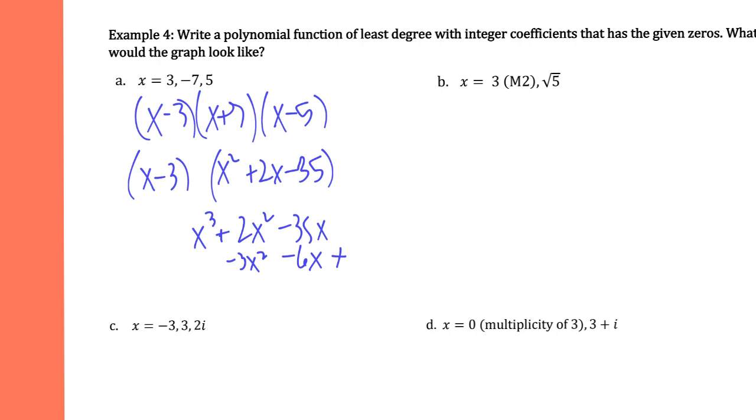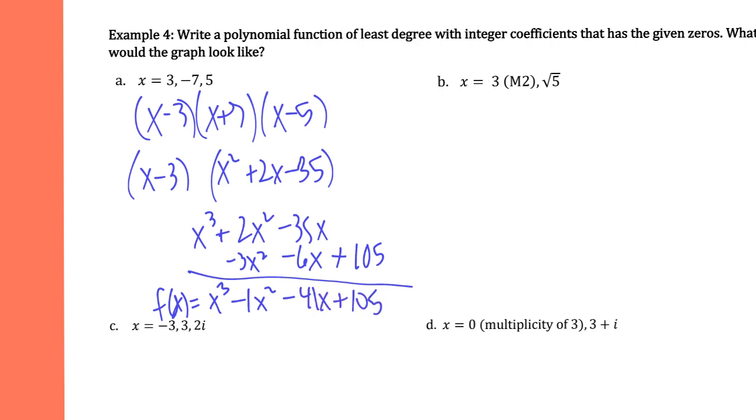Say 35 times 3, 105. Okay, that wasn't too bad. So our function is going to be f of x equals x cubed minus x squared minus 41x, and then plus 105. Okay, so that is going to be our first problem.